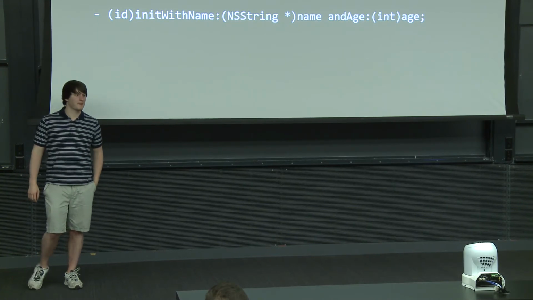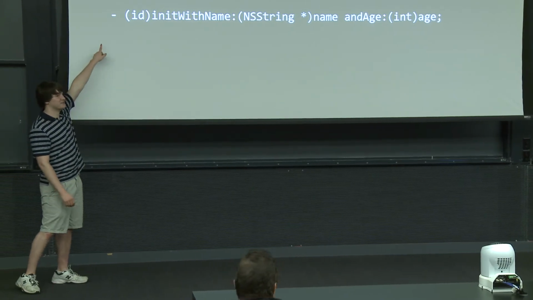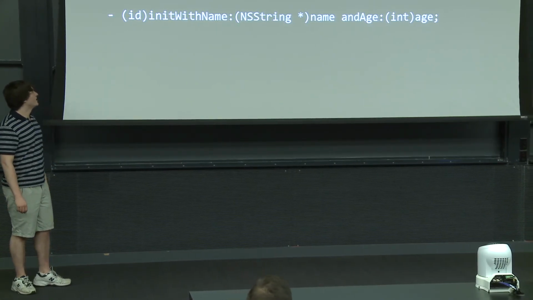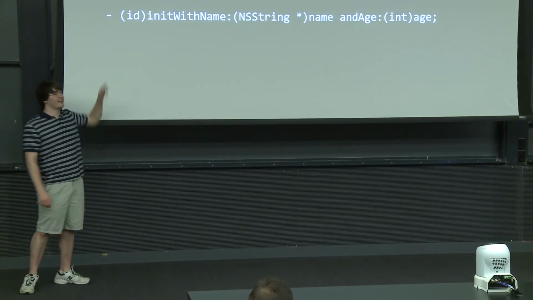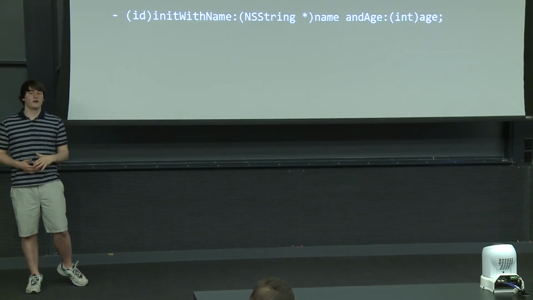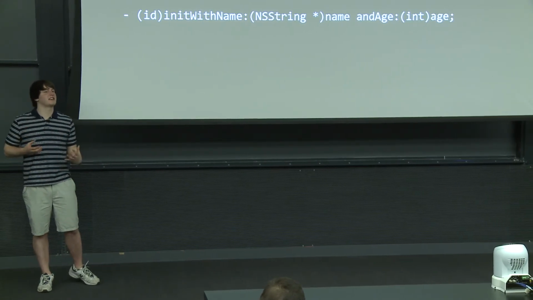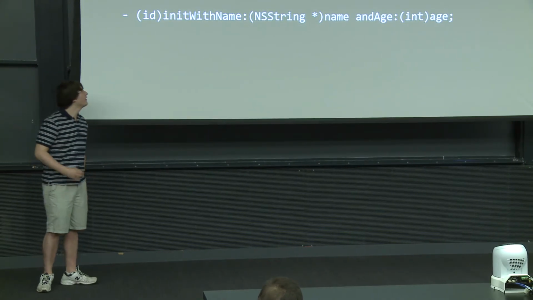Could you just go over that one more time? This whole thing? Okay, so we have an instance method. It is returning an id, so that's just the way it is. If you wanted, you could say student star, but you shouldn't. You should say id because any initialization method pretty much returns id.